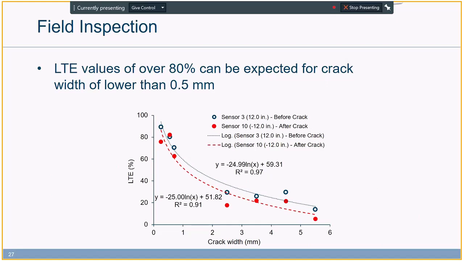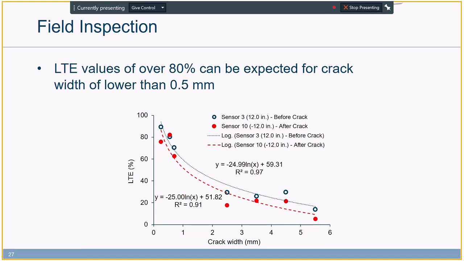LTE numbers are dropping rapidly, and on average, if we are trying to reach an LTE of say 80% or higher, we need to keep the crack width limited to like 0.5 or 0.6 millimeters. It was a very interesting observation.